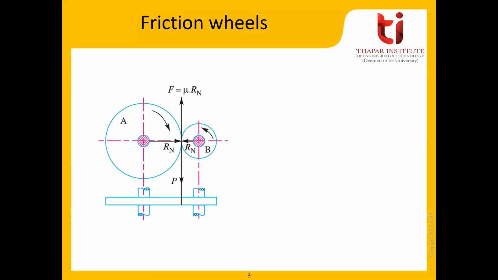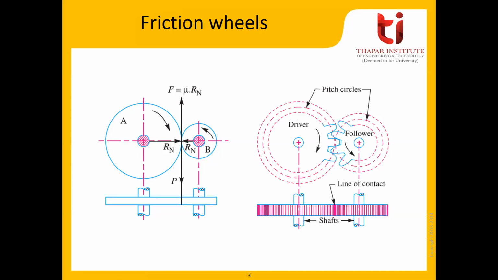We can provide a number of projections on both of the wheels like this. In this figure you can see these are the projections on both of the friction wheels. The projections provided on the periphery of wheel A will fit into the corresponding recesses on the periphery of wheel B. A friction wheel with teeth cut on its periphery is known as a gear or tooth wheel.